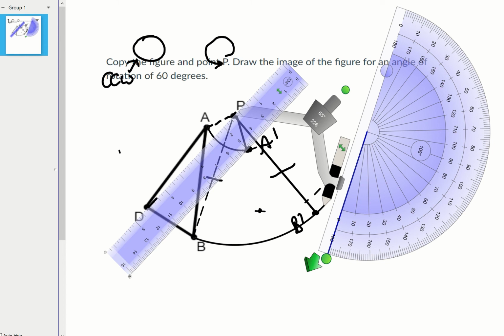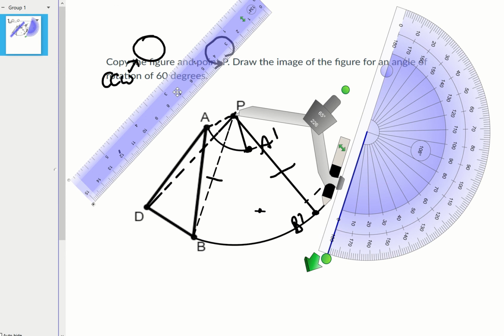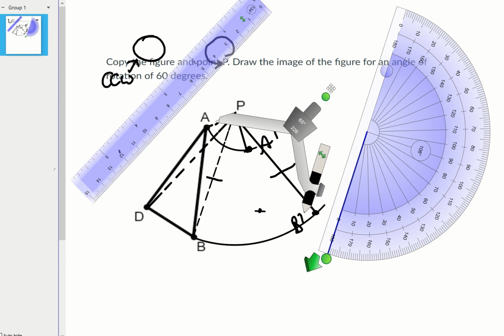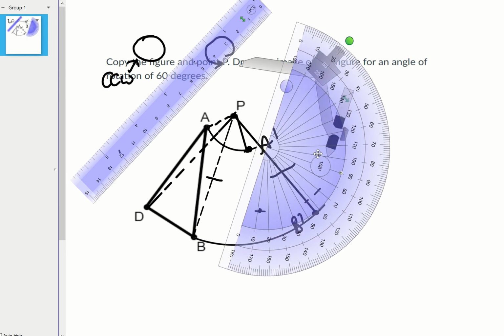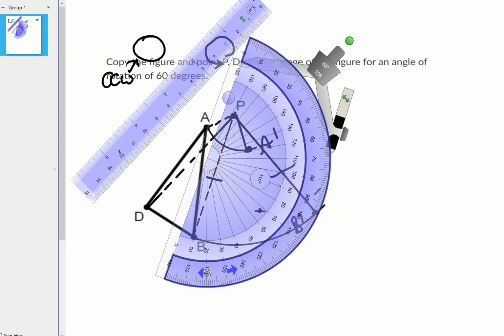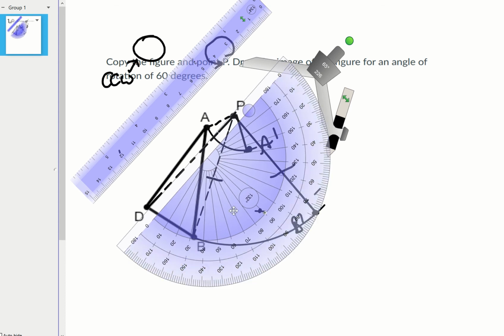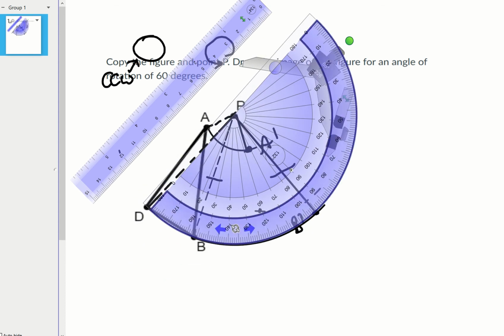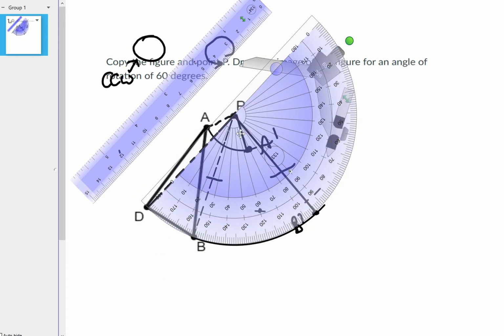Go ahead and draw that straight line. And then we have to do the measurement from here. Mark out the 60 degrees. So the 60-degree mark is here. I'm going to do another color for that, right there.